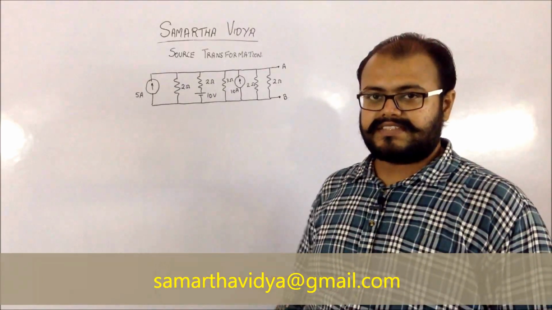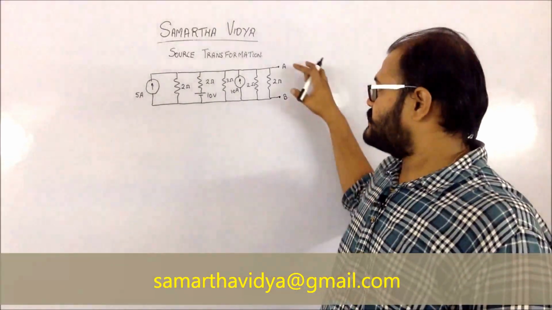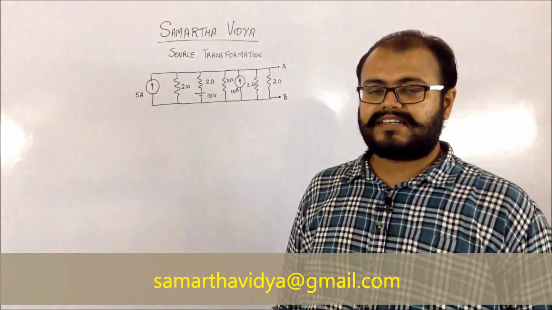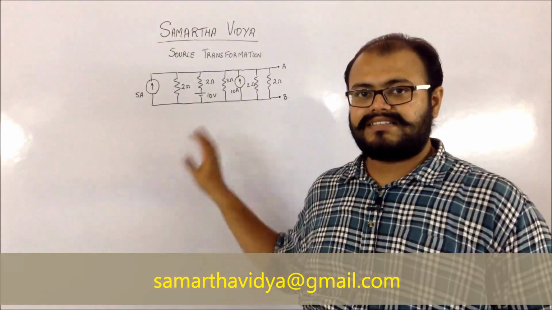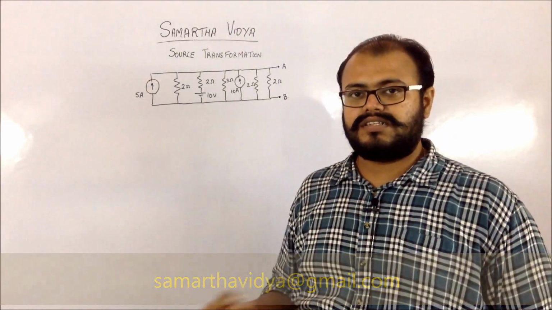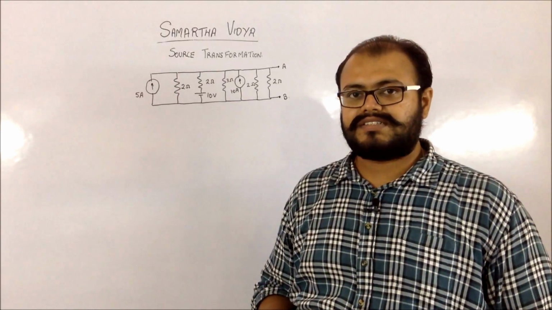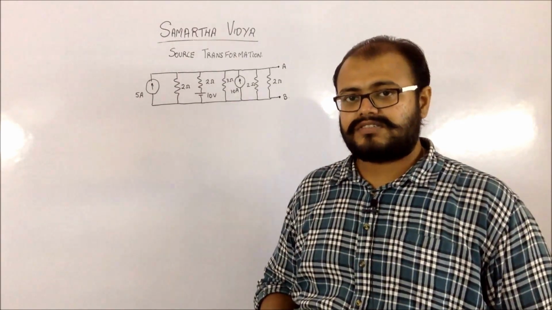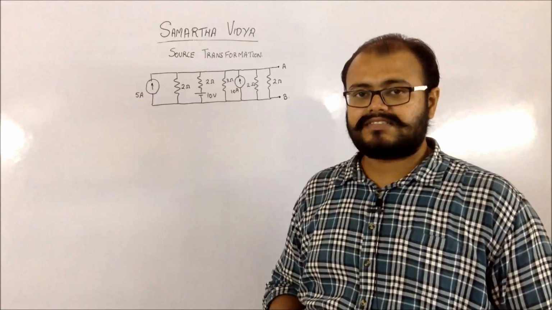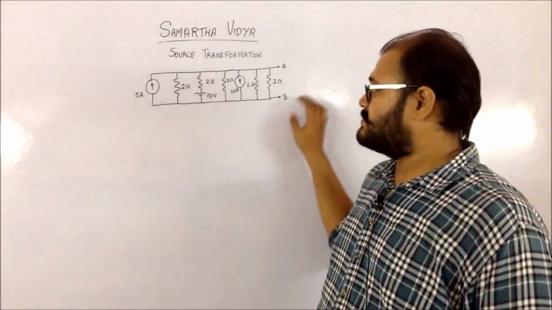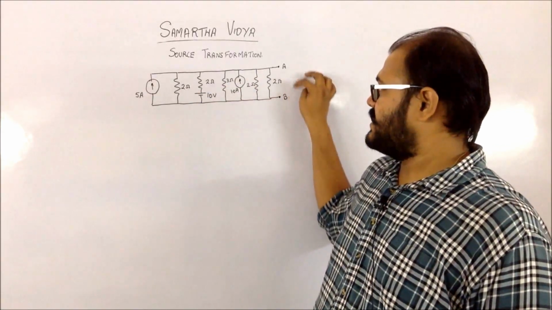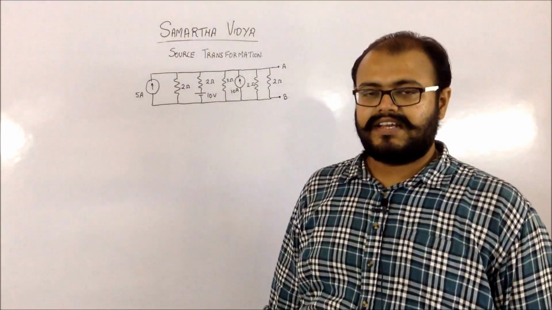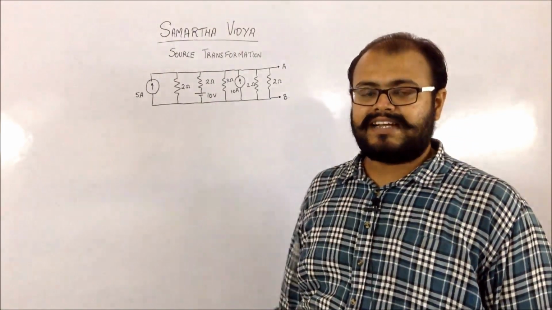This is a circuit which is given to me, wherein we have these ports, A and B. I have to replace this circuit with a resistance and a voltage source using source transformation. So you have to represent this entire circuit, keeping A and B as your reference, as a voltage source and a resistor.